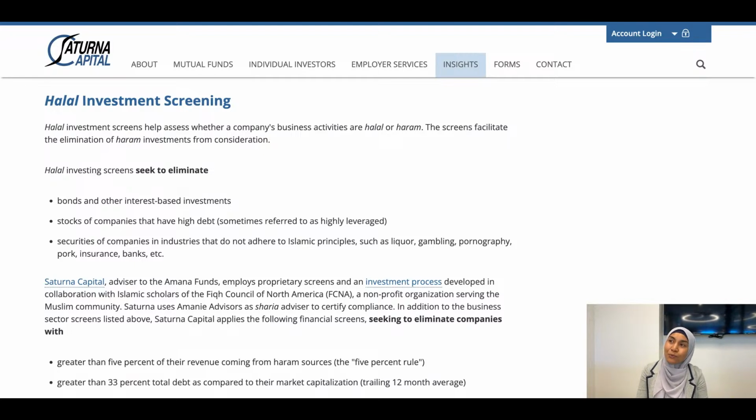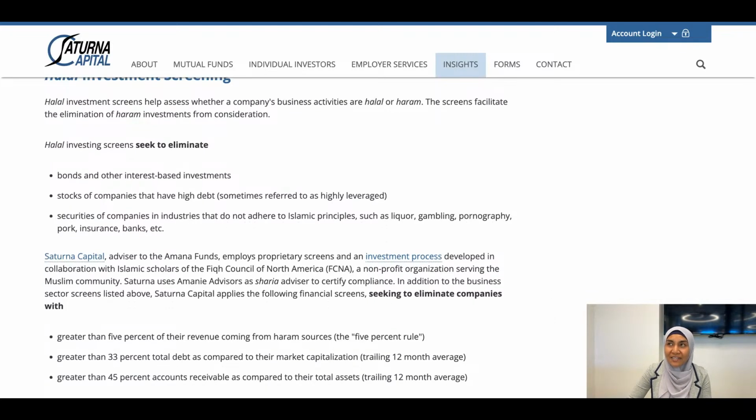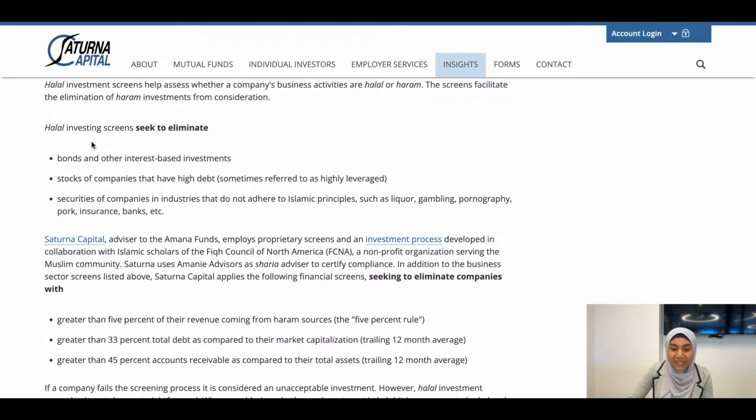But a Muslim wouldn't generally invest in a bank because they're heavily involved with interest. They may give loans and so on. So that's an example of one aspect of halal investing, what they have written here.